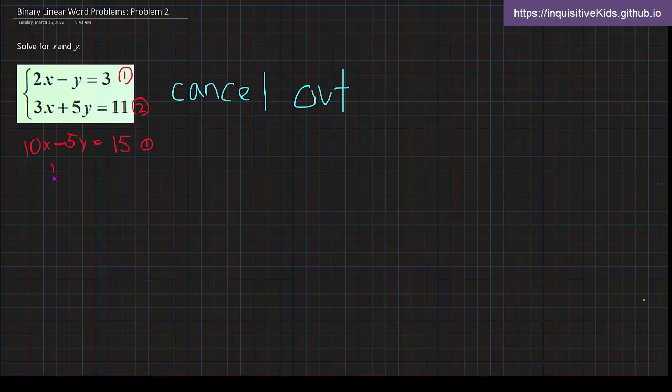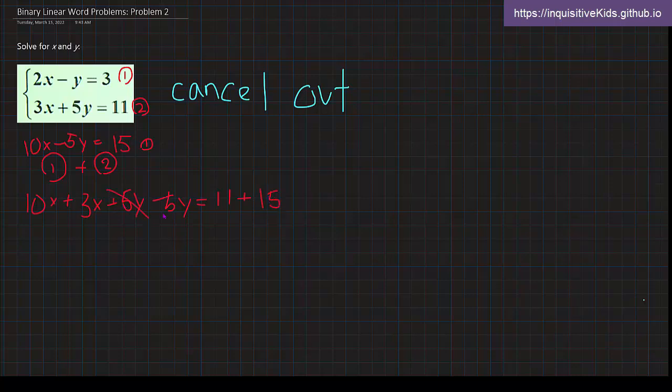Now I'm going to add equation 1 with equation 2. So on the left side here, I'm going to have 10x plus 3x, plus 5y minus 5y. On my right side, I'm adding 15 and 11, so 11 plus 15.